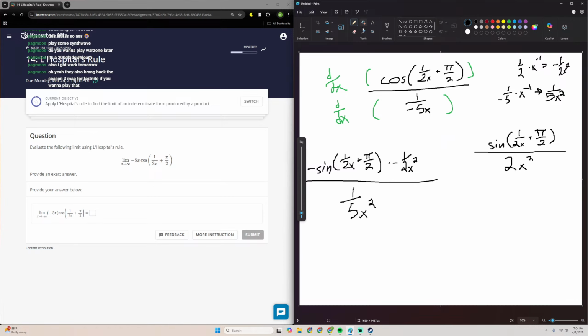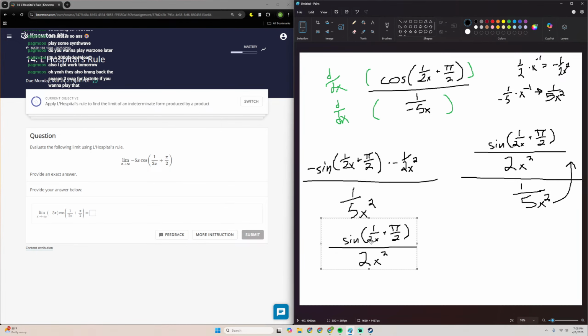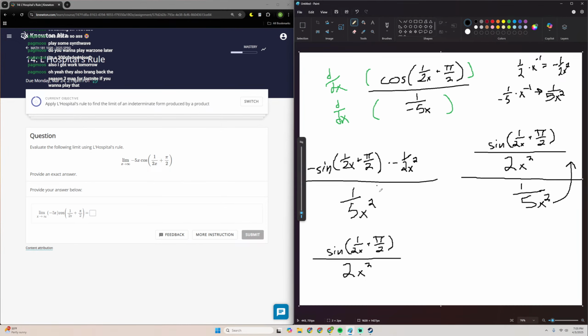Okay. Divided by 1, 5x to the 2, which then becomes this whole thing, times 5x squared.